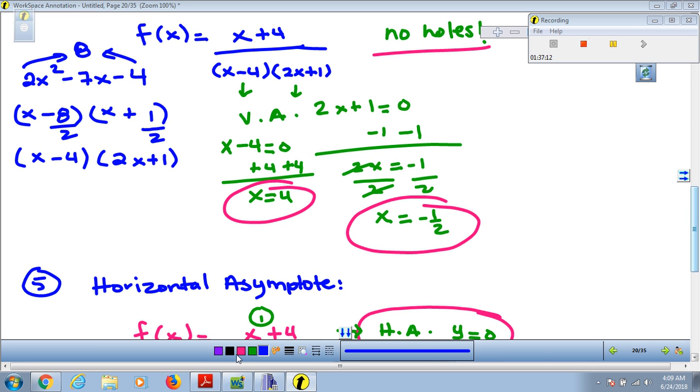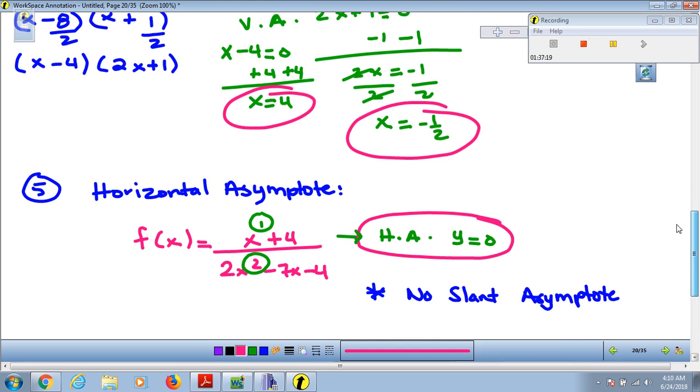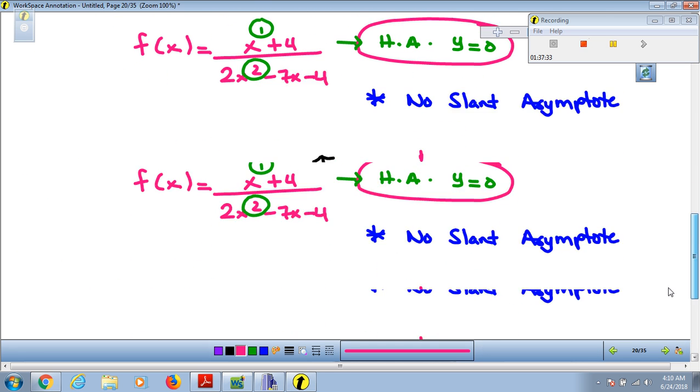The vertical asymptote. The vertical asymptote is at 4 and -1/2. 1, 2, 3, 4. Okay, so there's an undefined place right there.